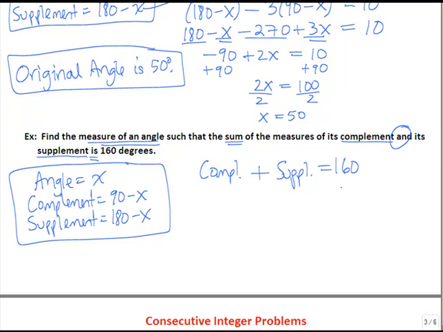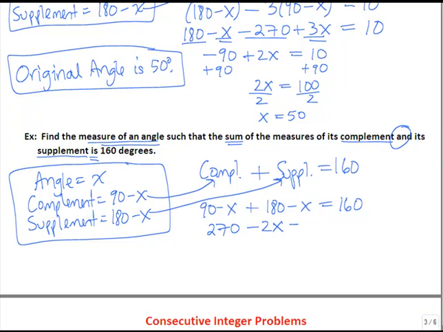Now to get x's involved, we're just going to substitute in 90 minus x for that word complement, and 180 minus x for that word supplement. So here's the equation that we need to solve. So to finish it off, 90 plus 180 is 270. Negative x plus negative x is negative 2x. We want to get the numbers together, so let's subtract 270 to the other side.